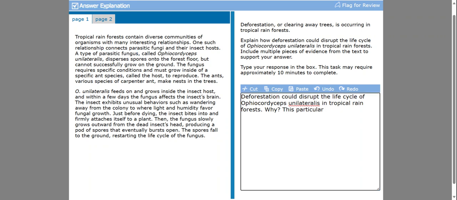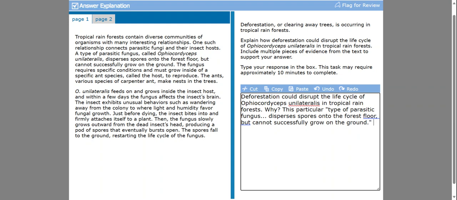And if I use it right, writers, please make sure that you put quotation marks around it. This particular type of parasitic fungus, and then I can do something like this, and that lets the reader know that there's more information. Disperses spores onto the forest floor, but cannot successfully grow on the ground. Then I close the quotation.